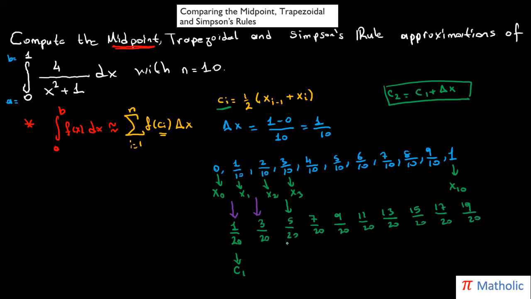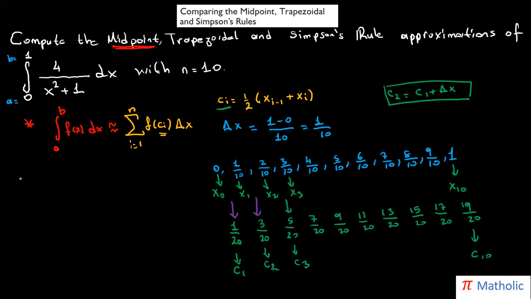You stop here. I need 10 points: 1, 2, 3, 4, 5, 6, 7, 8, 9, 10, right? So this is considered c2, this is c3, and the last one is c10. So far, what did we do? We got delta x and we got evaluation points c1 to c10.